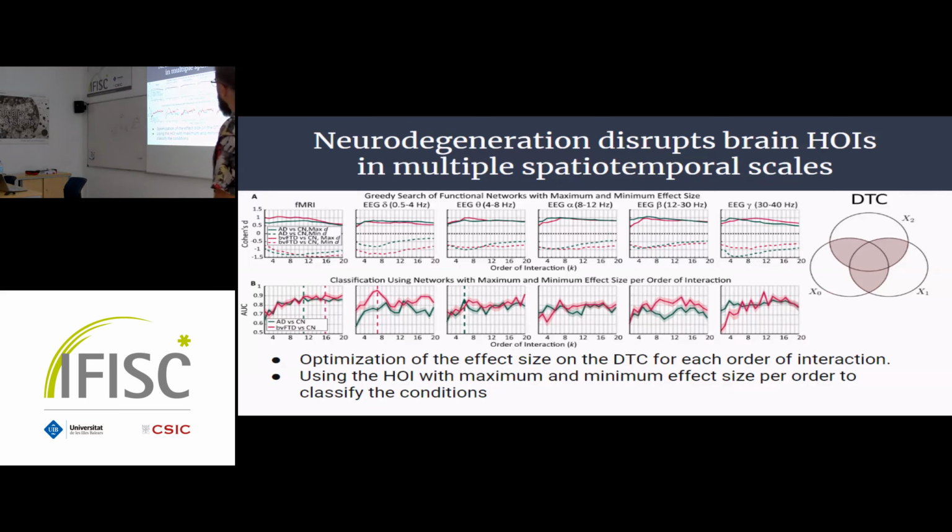And then at each order of interaction, we can take the higher order interaction that maximizes the effect size, so the interaction that is getting more connected, and the higher order interaction that is getting more disconnected in these statistical terms, and train a classifier to discriminate between conditions. And we can see that we can reach a very high level of discrimination, with this being the area under the ROC curve.